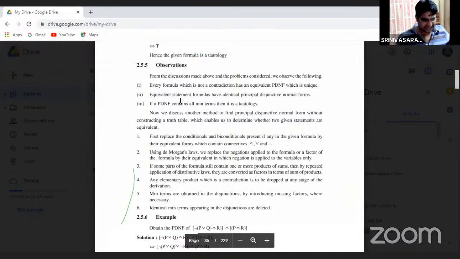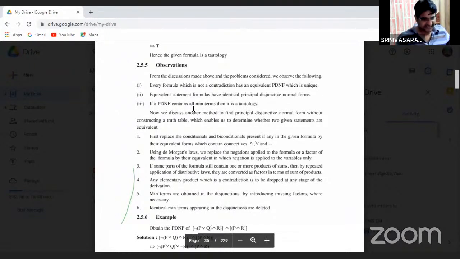Second condition: equivalent statement formulas must have identical principal disjunctive normal forms. PDNF means principal disjunctive normal form.